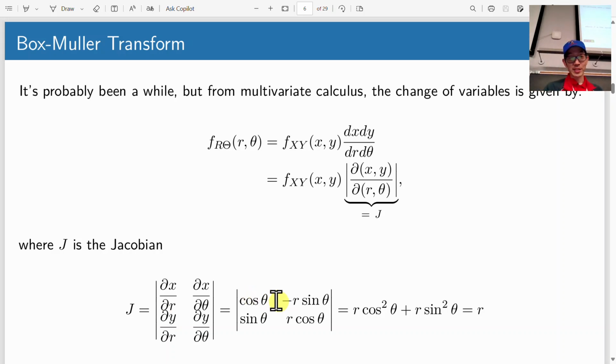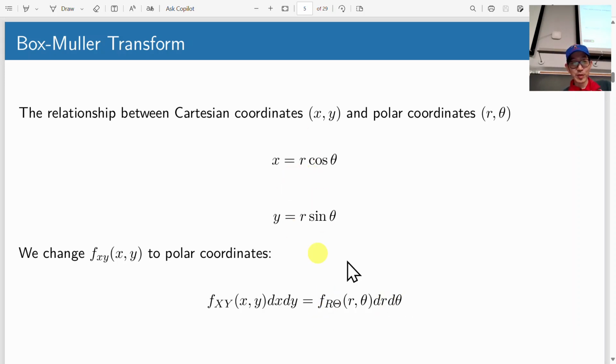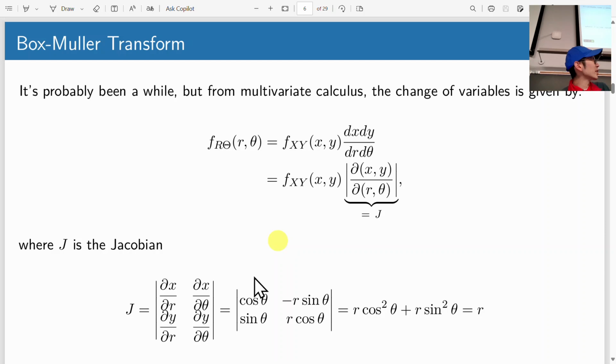So dx dr is cosine theta, dx d theta is negative r sine theta, dy dr is sine theta, and dy d theta is r cosine theta, right? Using these relationships, when you take the determinant, you get r cosine squared theta plus r sine squared theta, and that just reduces down to r.